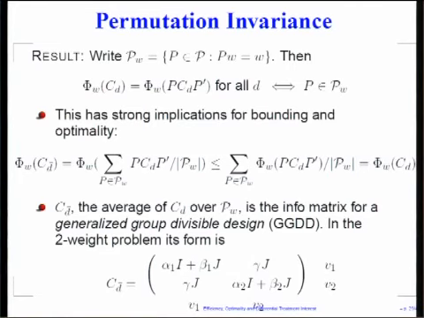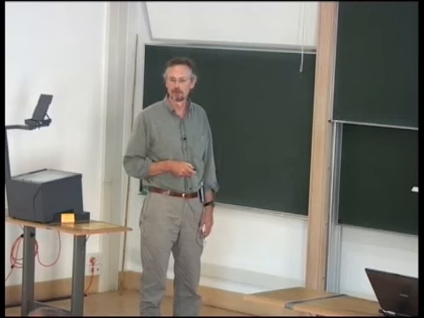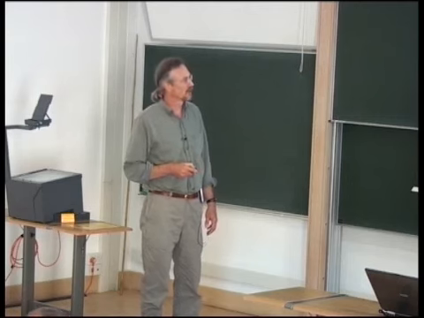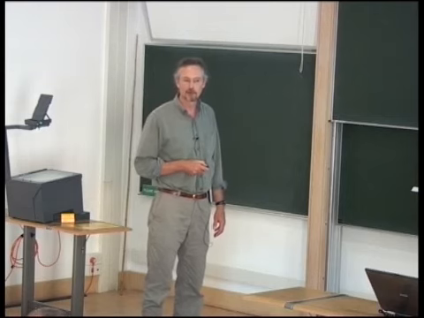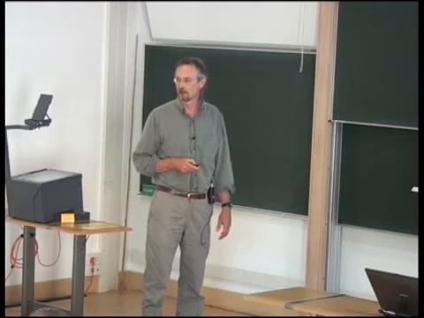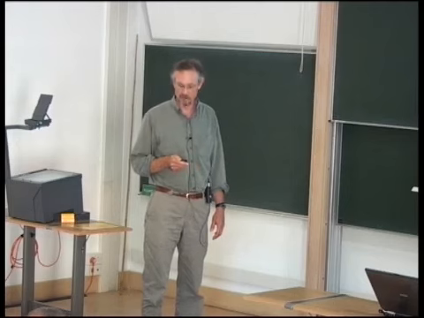And what do we get? Well, if we had the 2-weight problem, we were permuting everything over group 1 and everything over group 2, we get an information matrix that looks like this for the CD bar. All right, and if there's more than 2 groups, it's just repeating that pattern for more groups. And so these generalized group divisible designs become the target for optimality investigations when we're talking about this weighted optimality.